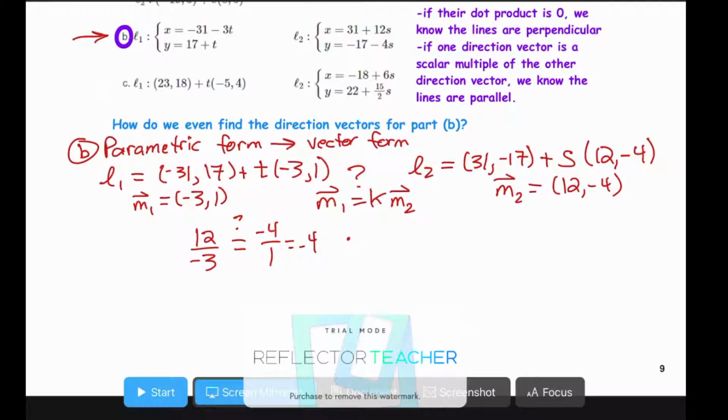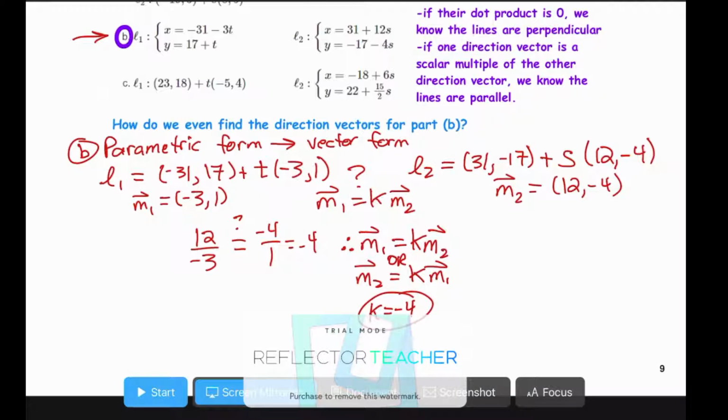So, therefore, m1 equals some scalar multiple of m2. Or we can even say it conversely, that m2 is some scalar multiple of m1. It doesn't matter which way we say it, it's the same thing. And we can actually see that the value of the scalar multiple is -4. It's not really too relevant here, but we can say that k is equal to -4.